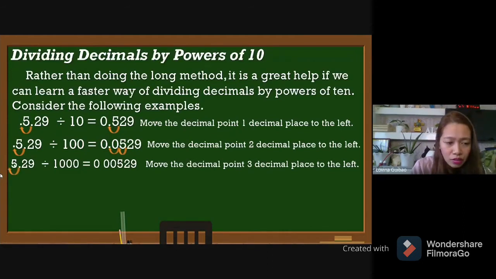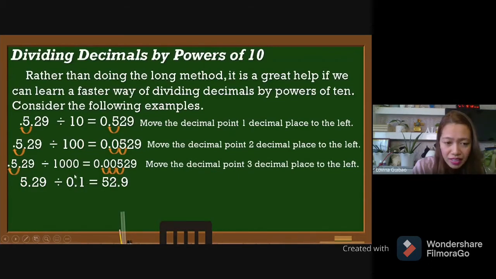Okay, 1, 2, 3. Bakante yan dito. Pero instead na bakante ilalagay mo, lagyan mo ng 0. Lagyan mo na siya ng value. Since it's blank, it means it's 0. So you just put blank sa movement mo at dun mo ilagay ang decimal point. So the final answer is 0.00529. Okay? How about if our divisor is a decimal number?